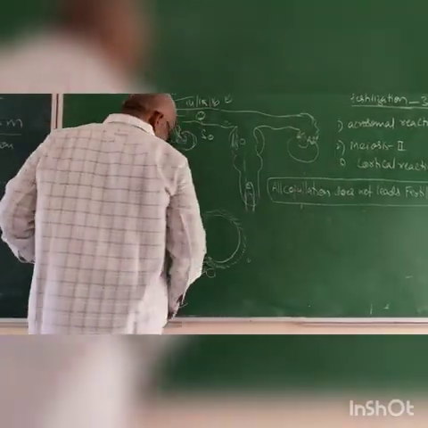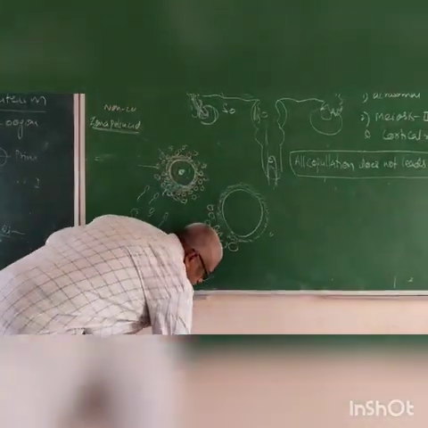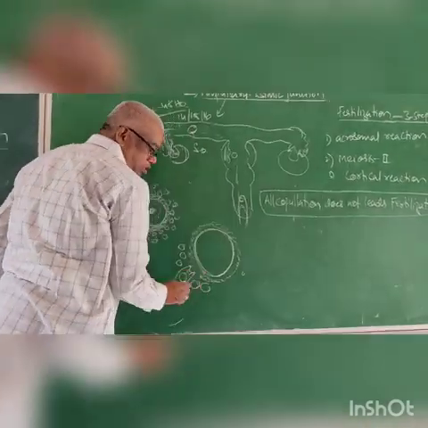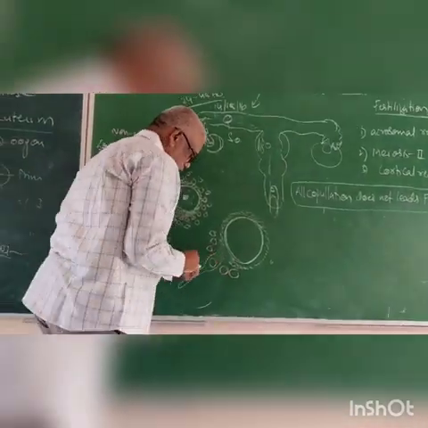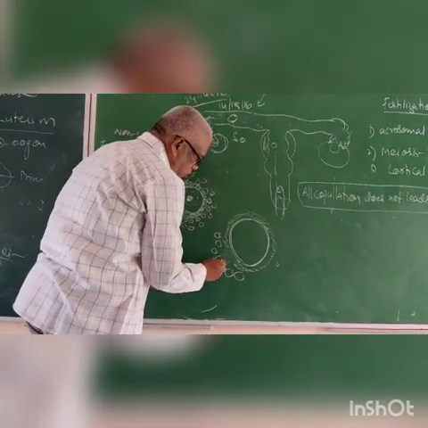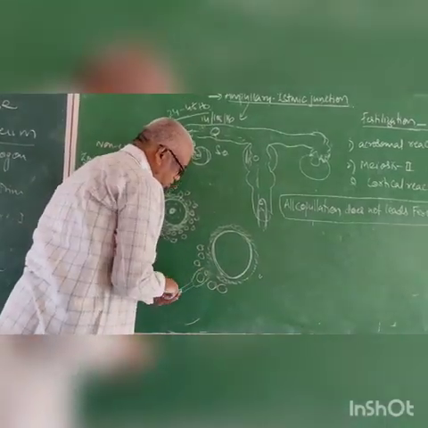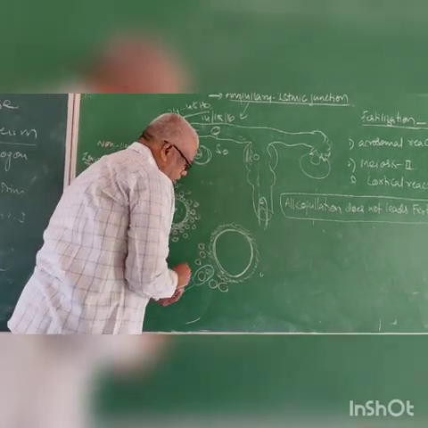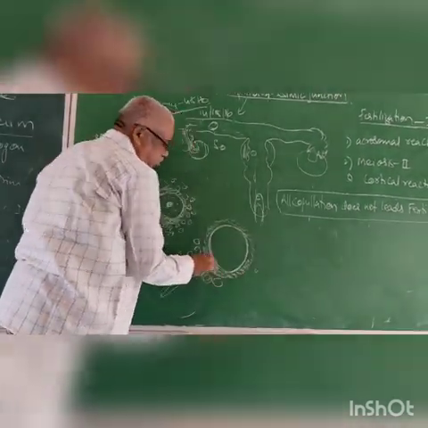Now, once again. Now it is a secondary oocyte. Now it is a nucleus. It is a Golgi complex. Now it is a sperm. Now what is this? Zona pellucida.